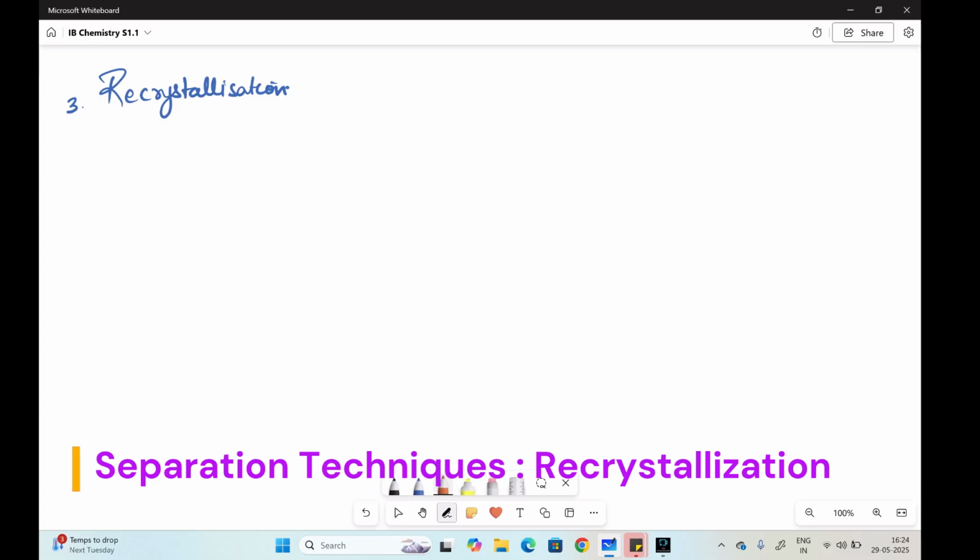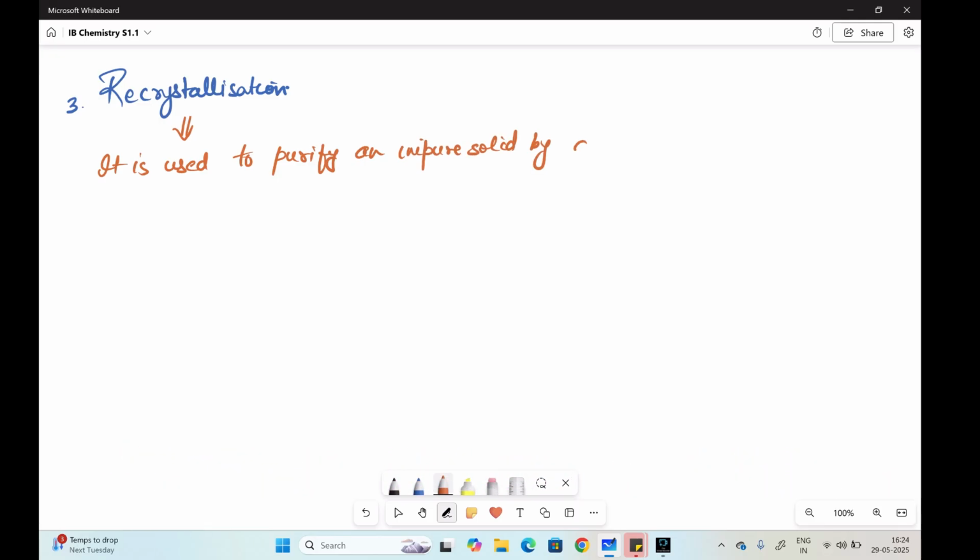Recrystallization is used to purify an impure solid by dissolving it in a hot solvent, right?